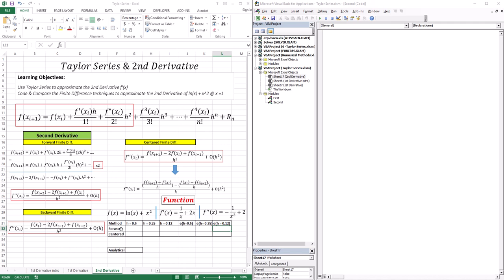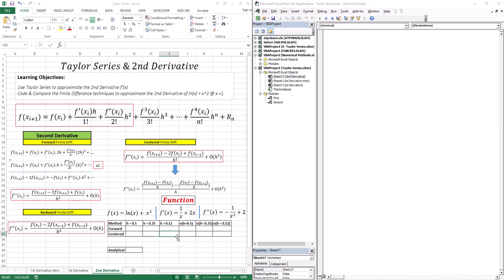Now, if you see here, the truncation error is proportional to h. Here the truncation error is proportional to h squared. And as we explained before, that means the centered is more accurate. So we should see for each one of those step sizes that the centered is more accurate.